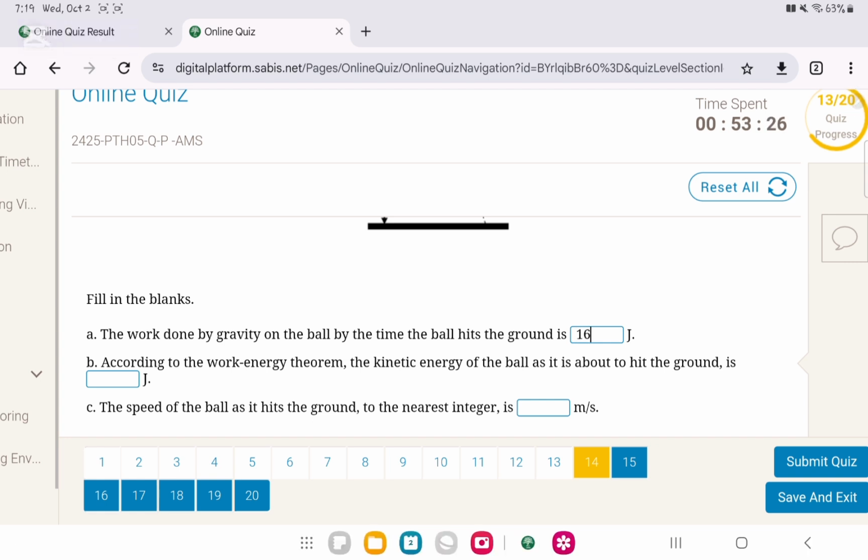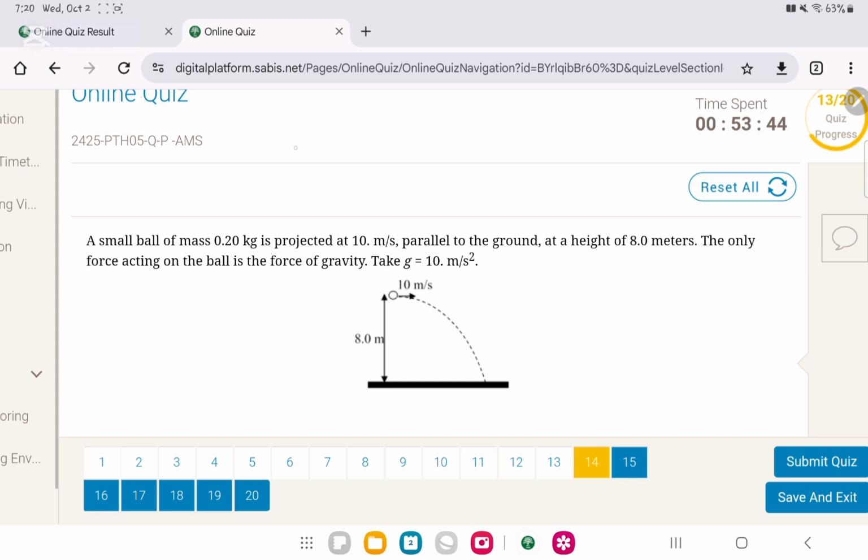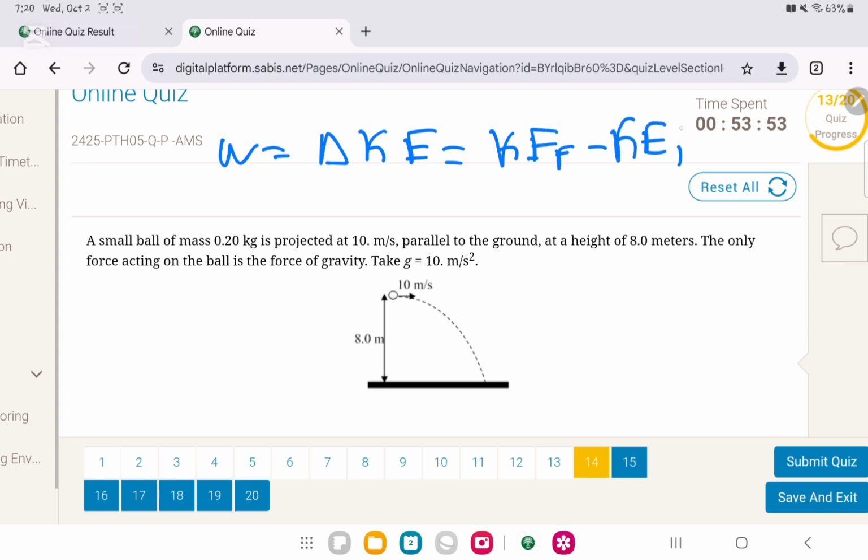Now, according to the work energy theorem, the kinetic energy of the ball as it's about to hit the ground is, okay, we know that the work energy theorem states that delta KE, which is KE final minus KE initial, okay?